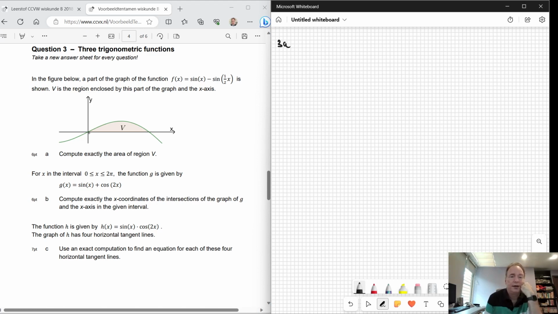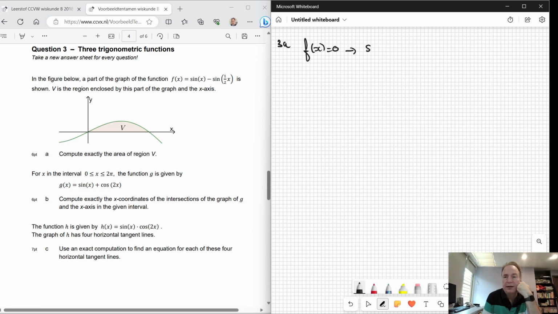But the first thing is, obviously at 0, the function is 0, but we need to figure out where it intersects here, the x-axis. So we need to find where is this function 0.